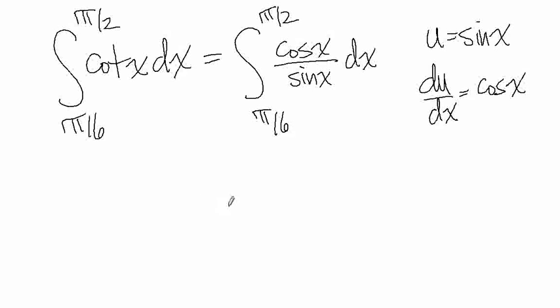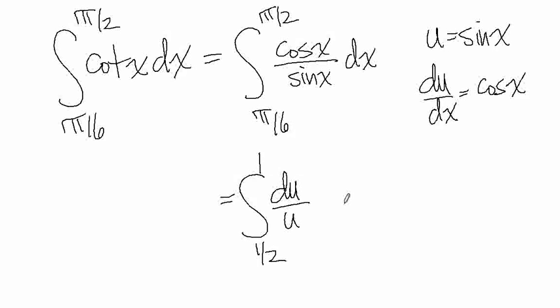So I can write the original integral as the integral of 1 over u with respect to u. And I'm going to have to change the limits of integration. The sine of pi over 6 is 1/2. The sine of pi over 2 is 1. All right?